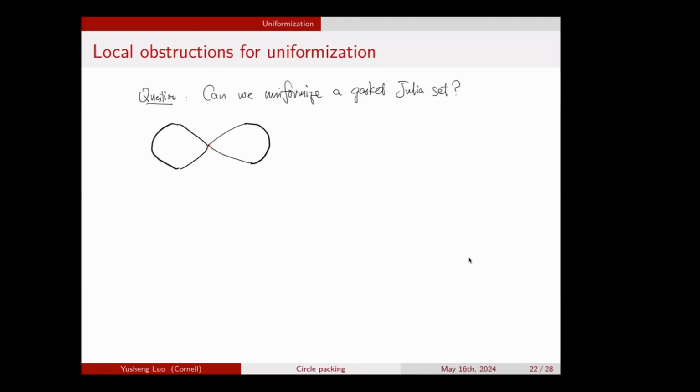And if you have an angle, then this is a quasi-conformal obstruction. And this happens if you have a point that is a repelling point. And this is a QC obstruction.